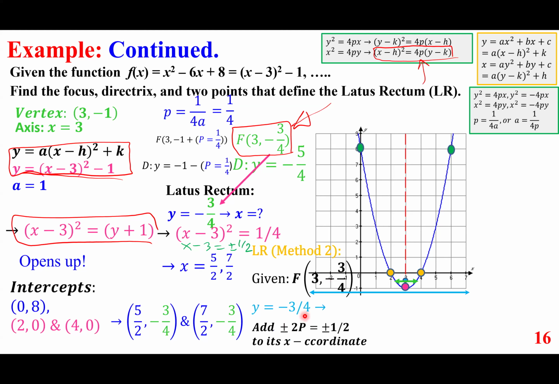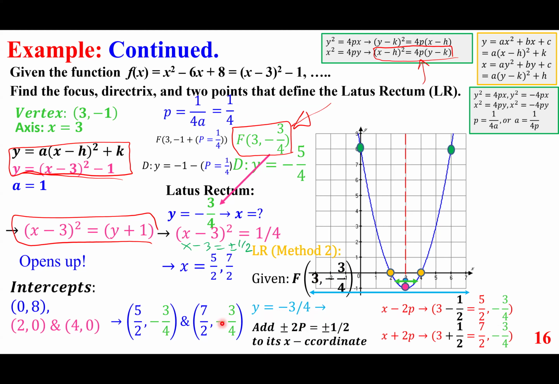So y is fixed at negative 3/4 for this point, this point, this point. Add 2p and subtract 2p. Remember, this is p. 2 of that is 1/2 to the x coordinate. So 3 minus 1/2, 3 plus 1/2, and we get exactly what we have here.